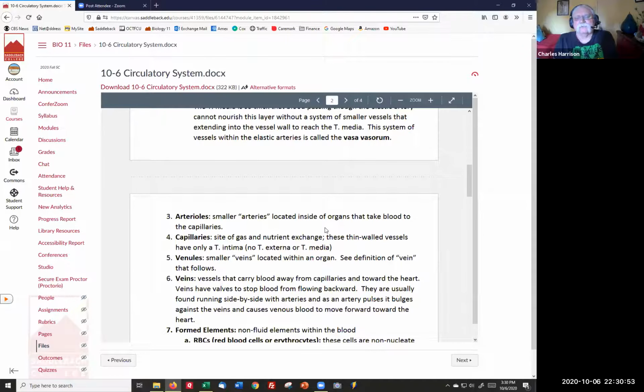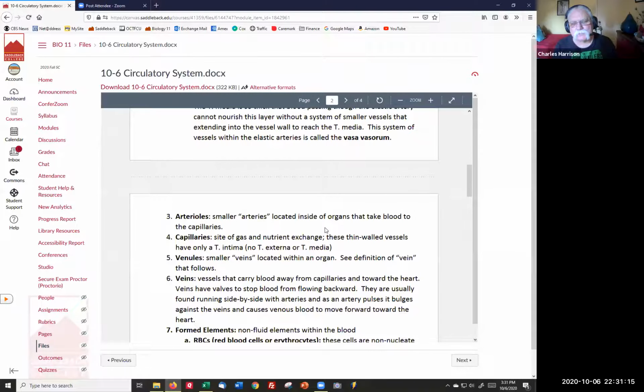Maybe it'll go to the descending aorta. Maybe it'll go from there to the renal artery. These are all arteries, every one that I mentioned, including the aorta. These are arteries. They're not located inside of organs.